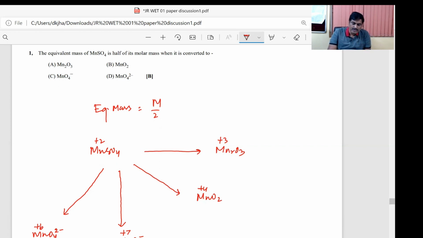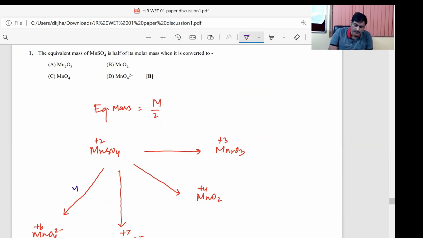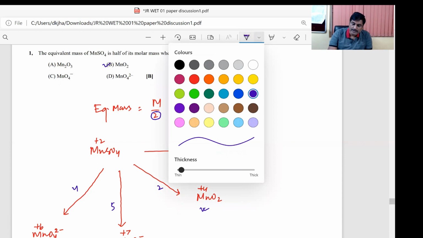So the changes here are 5, and 4 in this case, then 2 here and 1 here. What is the best one? Change should be 2, then only the equivalent mass will be molecular mass by 2. So the answer is MnO2. Right. Good. Move to the next question.